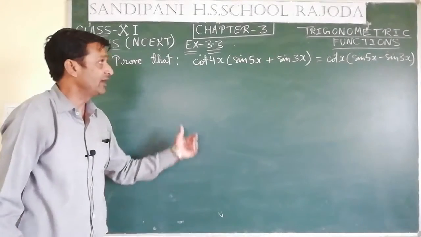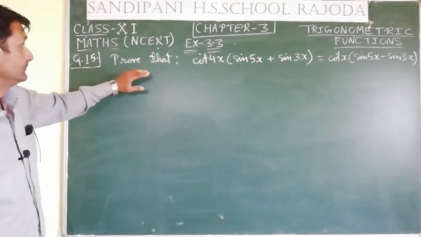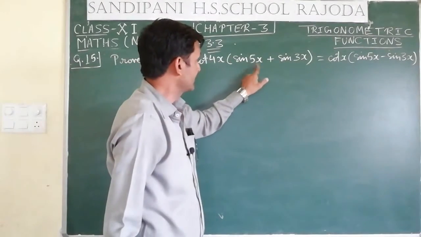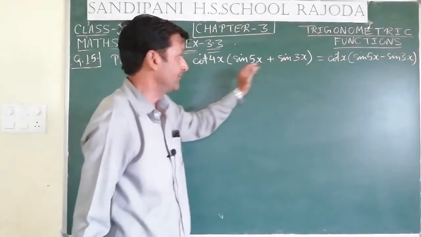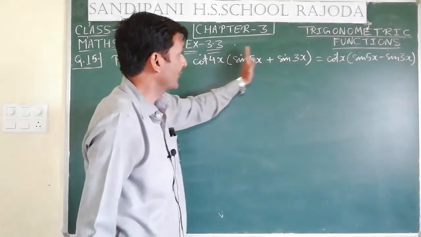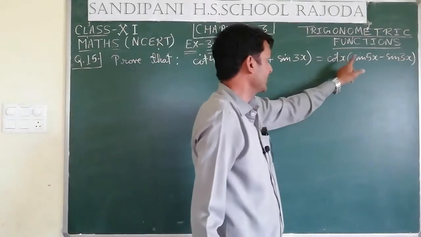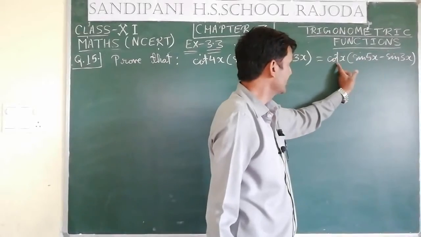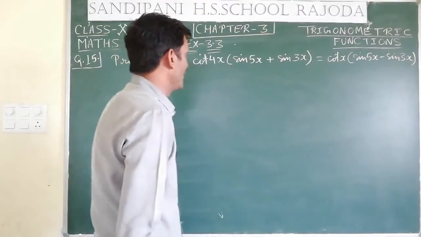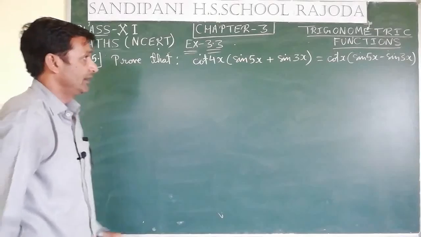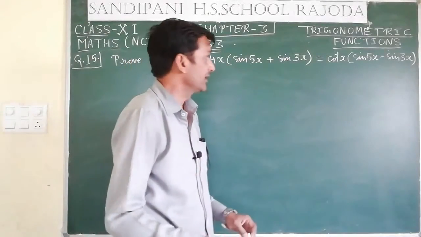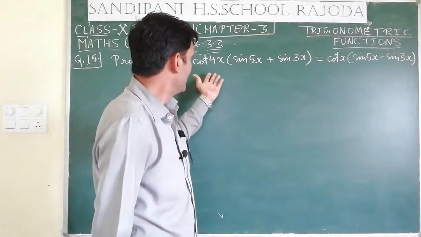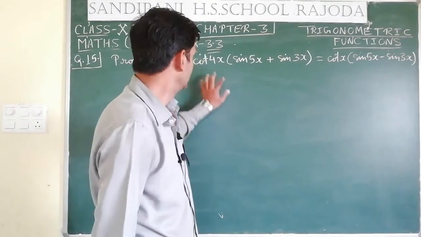Now, question number 15 we have to prove. Here, prove that cot 4x (sin 5x plus sin 3x), means cot 4x in product form, is equal to cot x (sin 5x minus sin 3x), means it is also in product form. So, now let me tell you one thing very clear, that here cot 4x is given in both parts.